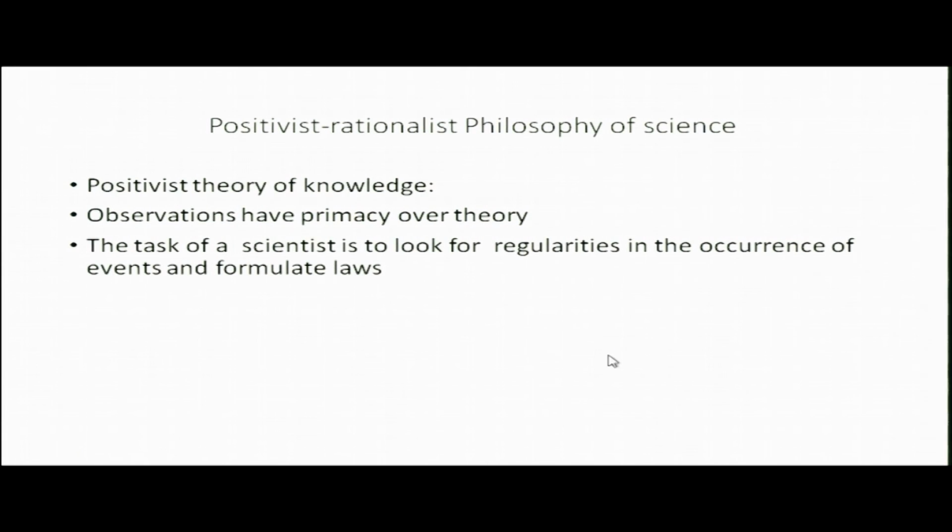So what is the positivist theory of knowledge? According to positivist theory, observations have primacy over theory. The task of scientists is to look for regularities in the occurrence of events and formulate laws.